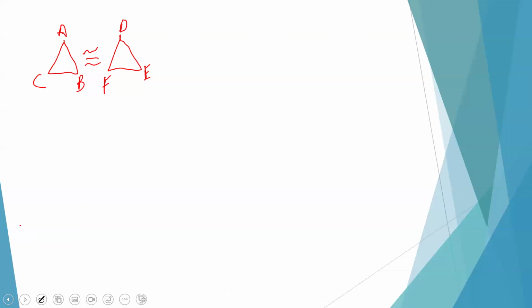Well, this means that AB is equal to DE and BC is equal to EF and AC is equal to DF.